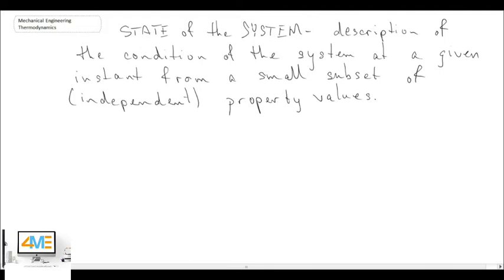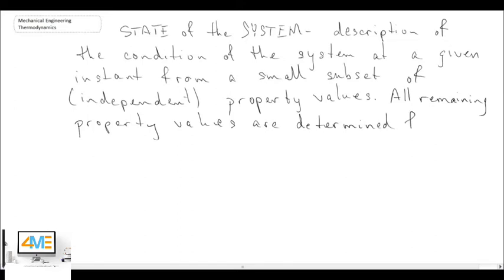Once you have done that, all other properties have been defined. So that is the state of the system.